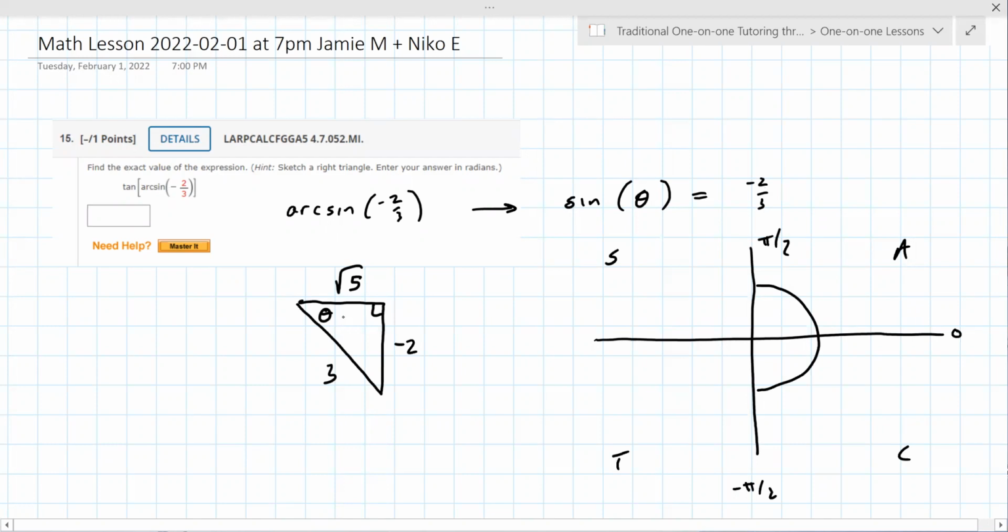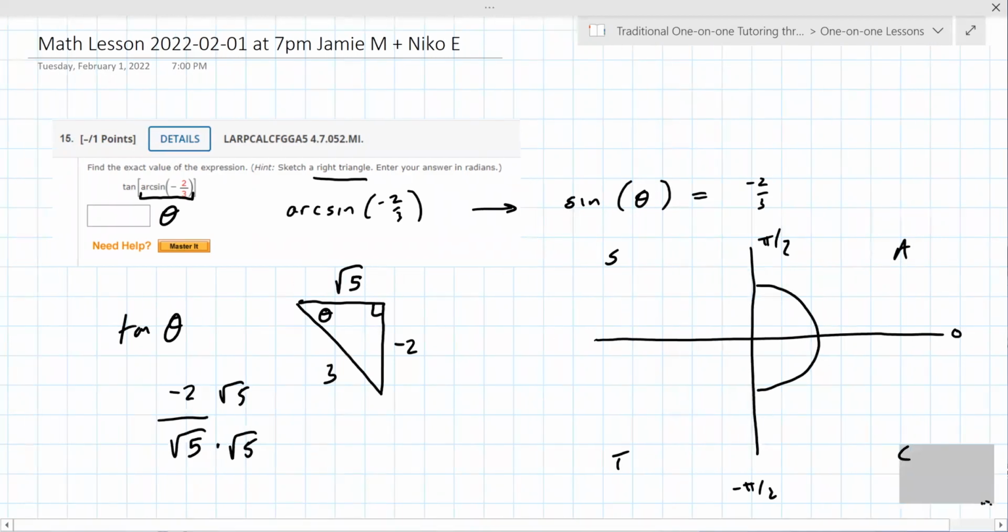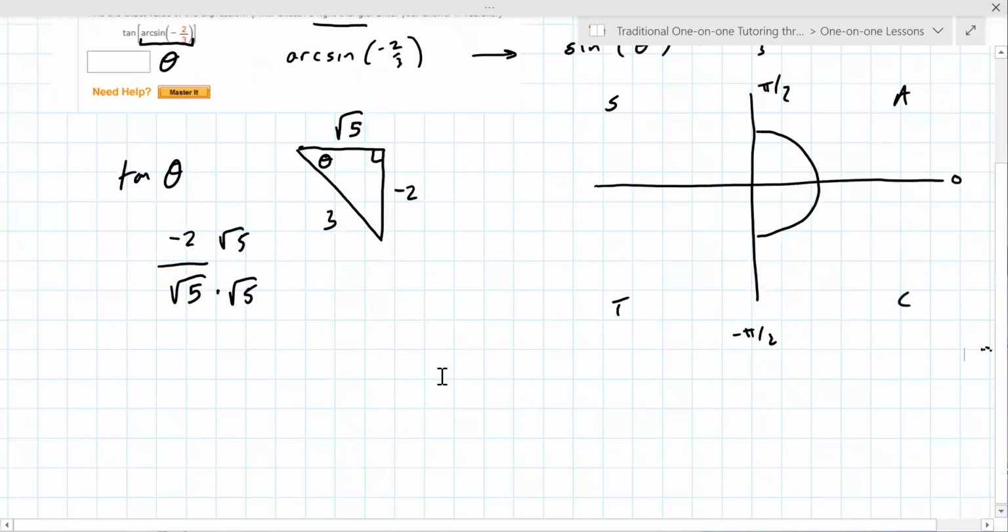And then we want to find the tangent of this angle, because we're replacing all of this with theta. Once you draw the triangle, that's why it says, hey, draw a triangle, tangent of theta is -2 over the square root of 5. And you can multiply the top and bottom by √5 if you need to. I'm not sure if that's needed here in this question or not. Got it. Okay. So see if that works. Let me know if it did not get accepted.